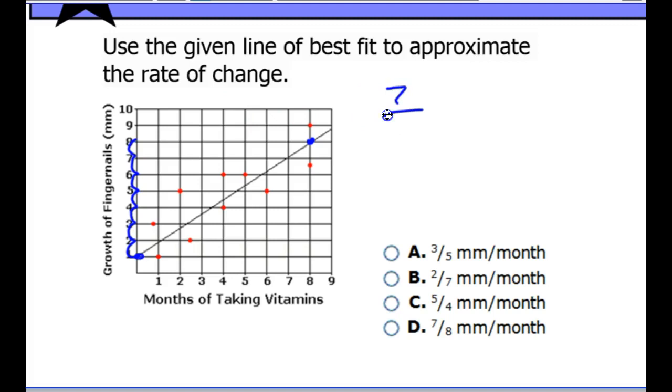So our rise is 7, and our run is 1, 2, 3, 4, 5, 6, 7, 8. So our slope would be 7 over 8. Now we look and see if any of these are 7 over 8, and it looks like D has 7 over 8. So we know that that's our answer.